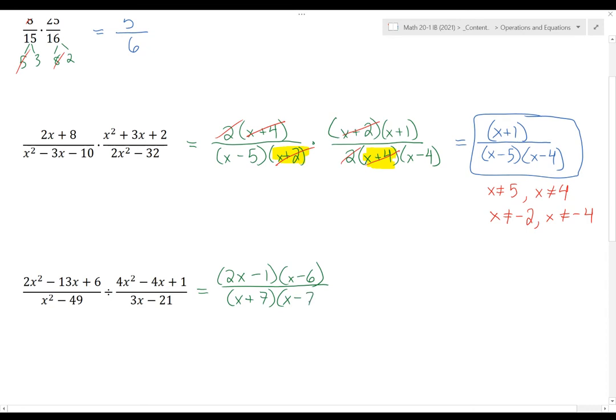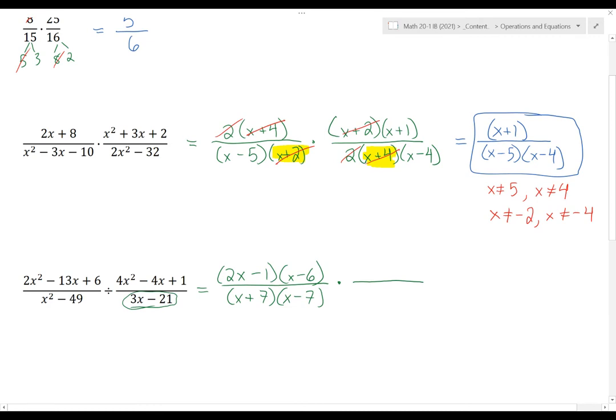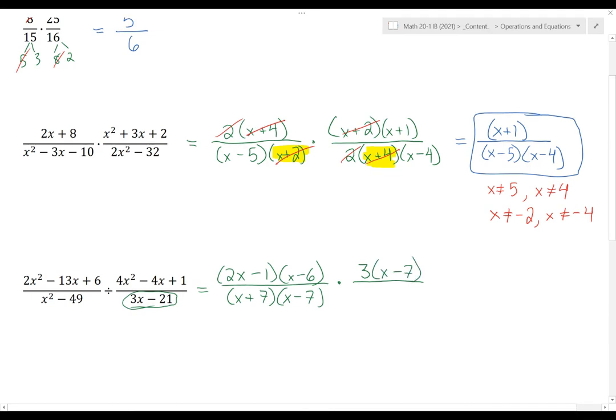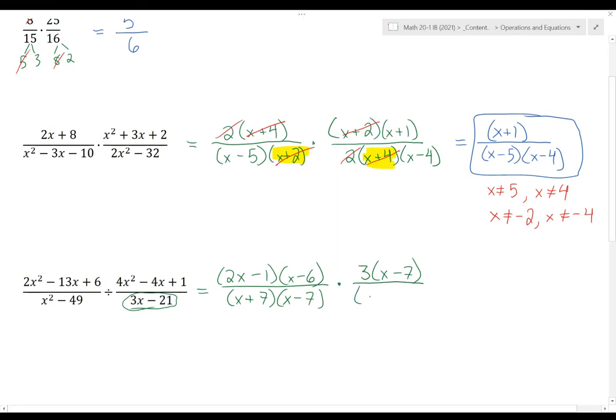But in order to turn this into a multiplication, the denominator of my original problem becomes the numerator here. So this becomes 3x minus 21, which I'm going to factor to 3 times x minus 7. And 4x squared minus 4x plus 1 becomes the new denominator, and that is 2x minus 1 times 2x minus 1.